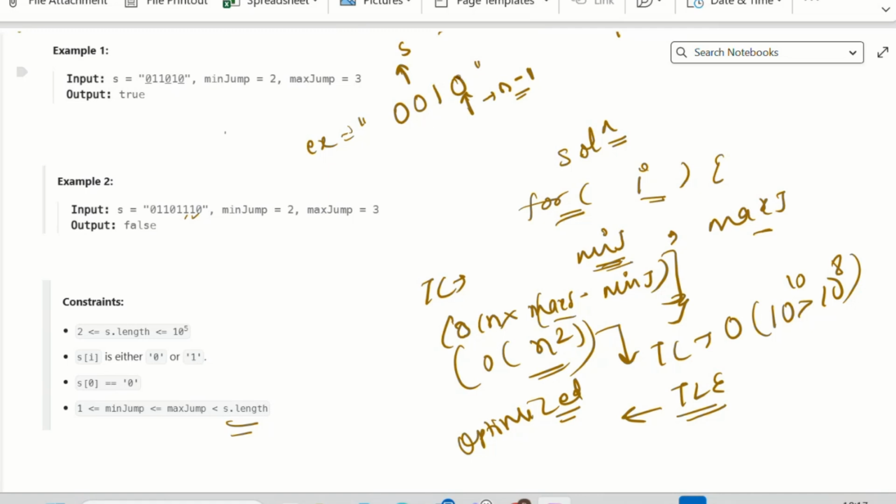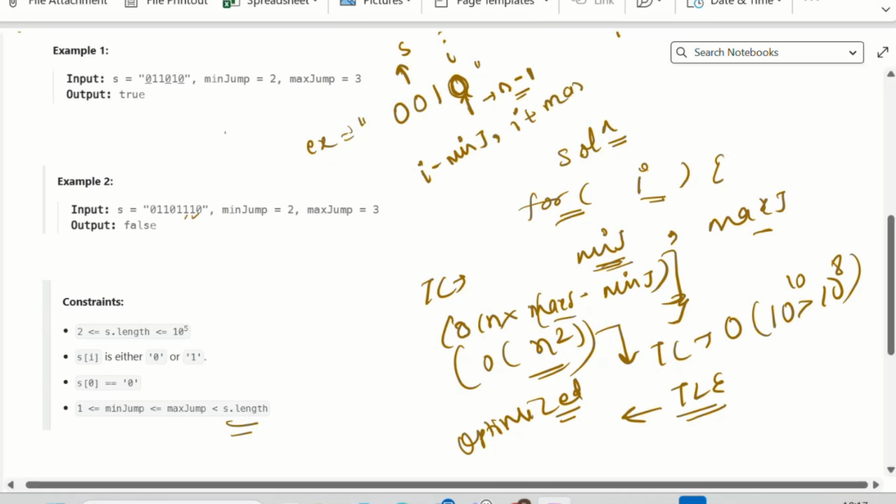So I can check, to come to this index, from which all indices I need to jump. Suppose this is my ith index. So I need to jump from I minus max jump to I minus min jump. My previous index should lie in this range.